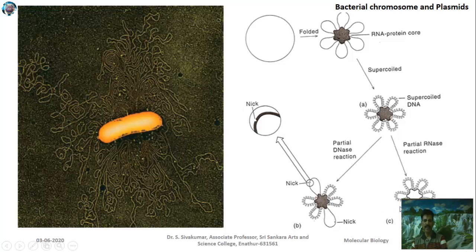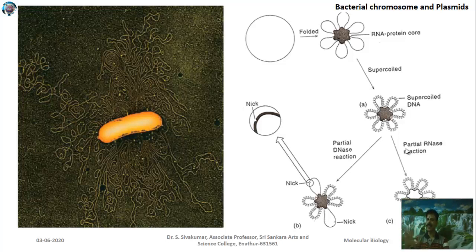This indicates that when you make a nick in the DNA, because supercoiling is nothing but making a twist upon DNA, when you make a single-strand or double-strand nick, the supercoiling is removed. So when you make a cut by DNAse, the supercoiling is removed. That is why you can see the double helical structure of the DNA when you treat the genome with DNAse.